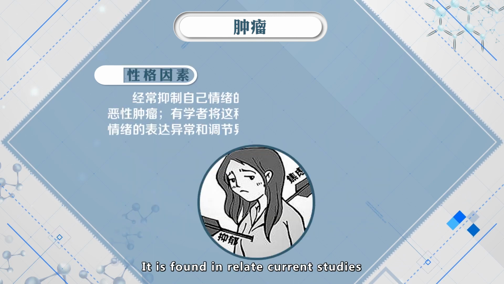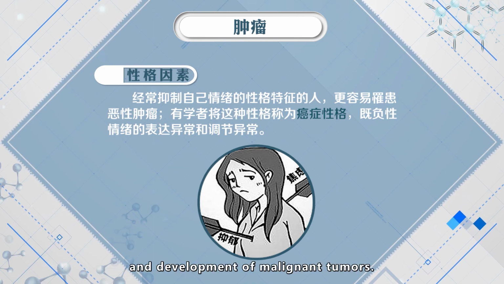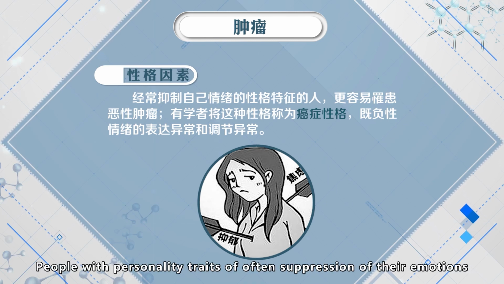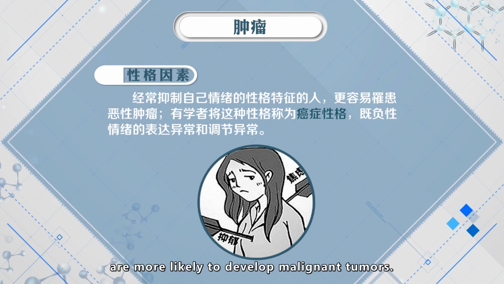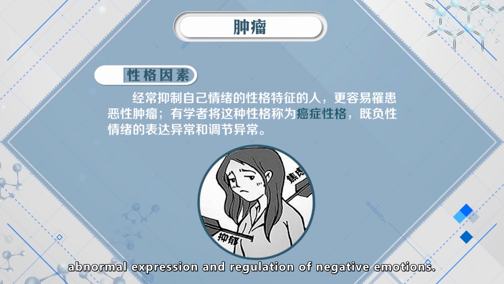It is found in relevant current studies that personality is also an important factor affecting the occurrence and development of malignant tumors. People with personality traits of often suppressing their emotions are more likely to develop malignant tumors. Some scholars call this the cancer personality, that is, abnormal expression and regulation of negative emotions.